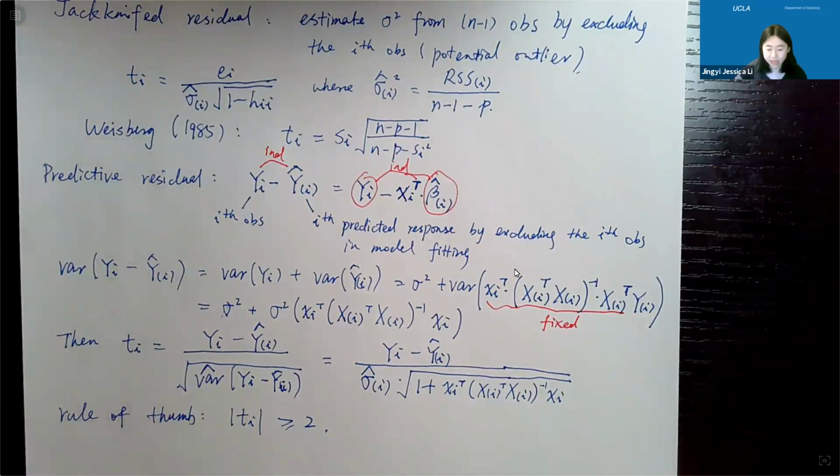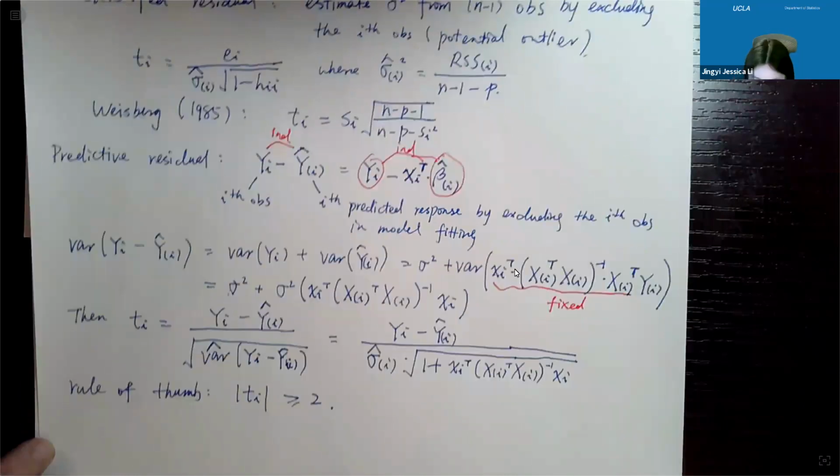Okay, so a final way to understand this Jackknife residual is to think about it from a more formal regression framework. I think this is something good to think about. Maybe this can motivate you to think more about the use of statistical modeling to answer your specific question.